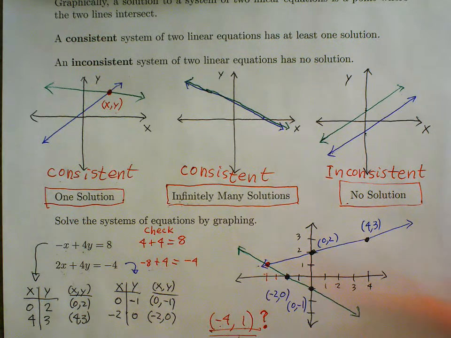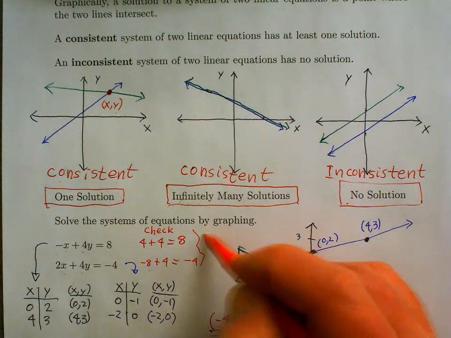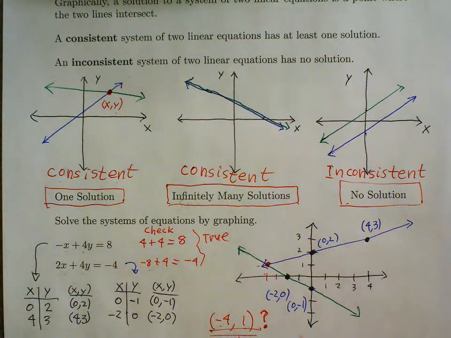That's also true. So we verified that the point of intersection is the ordered pair -4, 1. So what does that mean? It's a solution to the system. -4, 1 is a solution to the system of 2 linear equations.